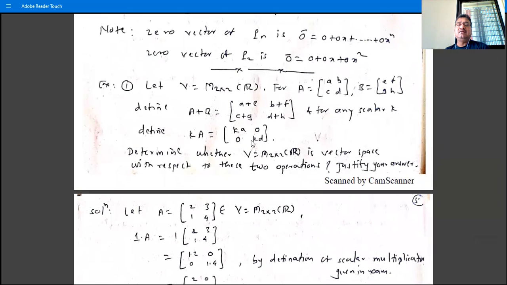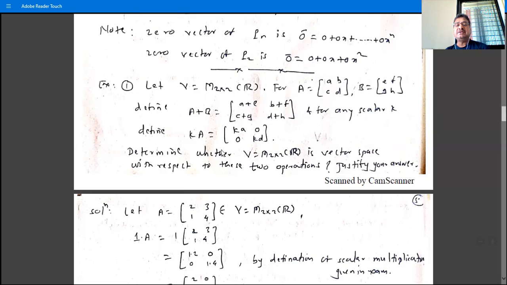The first example: let V be equal to M2×2(R), the set of all 2 by 2 matrices with real entries. A is this matrix, B is this matrix. Then addition is defined like this: A plus B is (a plus e, b plus f, c plus g, d plus h). That is usual addition.